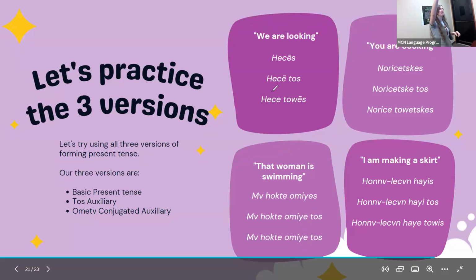Nice. You are cooking, top right. No fajitskis. The second one, no fajitskidos. Nice. And the third one, no flajidoitskis. Nice. And then I am making a skirt.